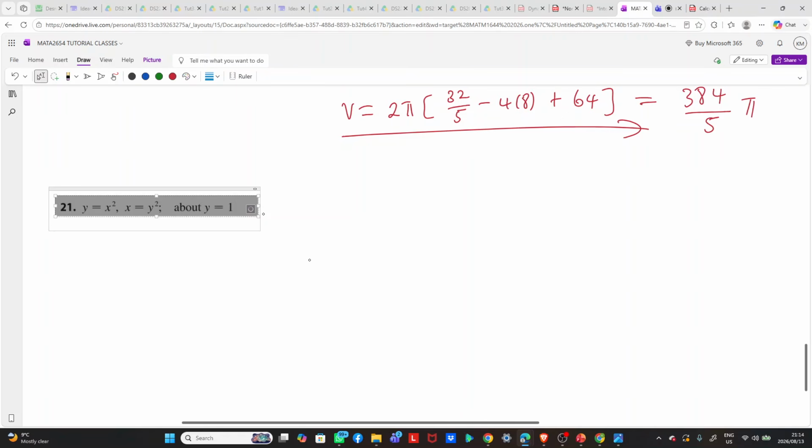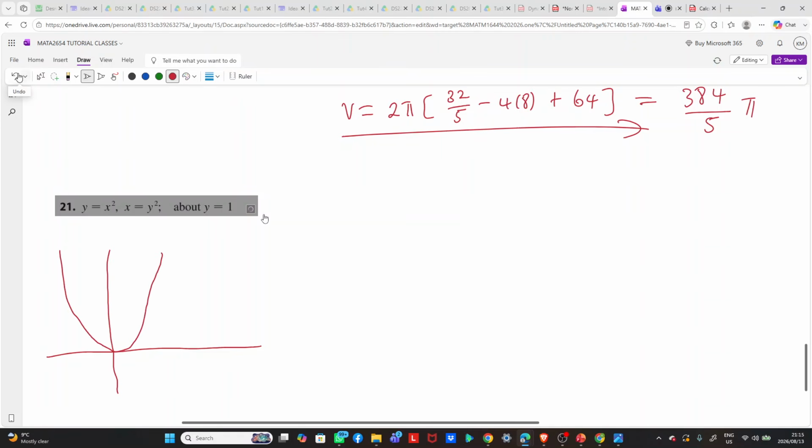So what do we have there? If we sketch that, we have the curve y equals x squared. It looks something more or less like this. Let me make it touch the origin. I want to make it bigger.